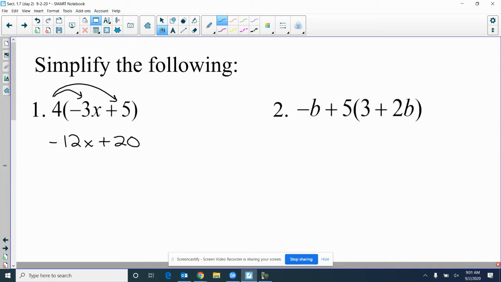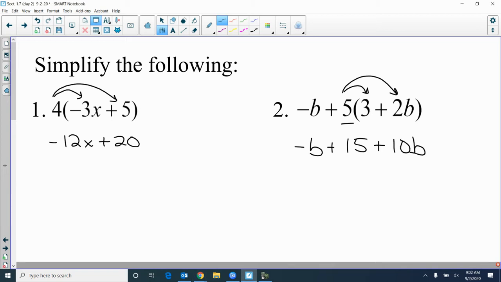All right, what do we do here? You're going to multiply the 5 by the 3, which gives me what? 15. Okay, and I'm going to write down that negative b first. 5 times 3 is 15. And then the 5 by the 2b, which is what? 10b.